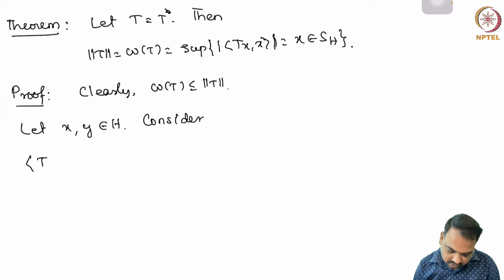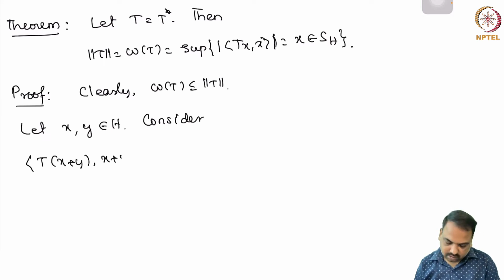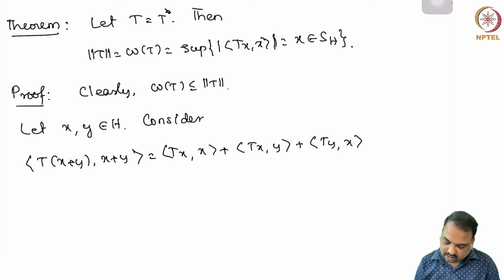inner product T of x plus y with x plus y. This is inner product Tx with x plus inner product Tx with y plus inner product Ty with x plus inner product Ty with y.